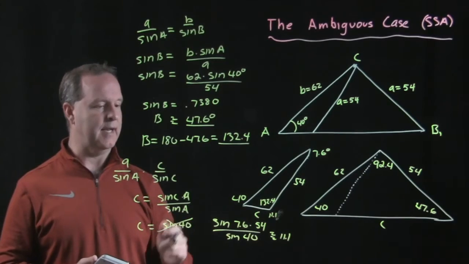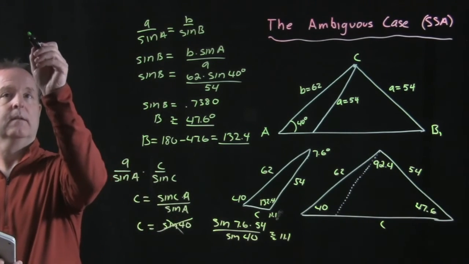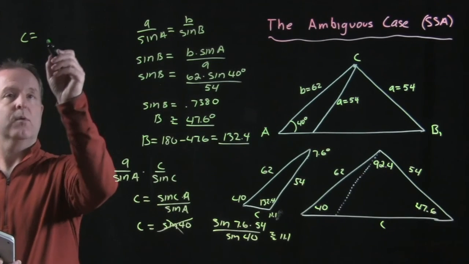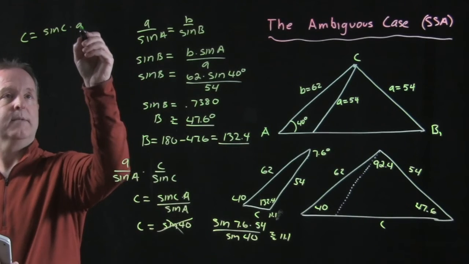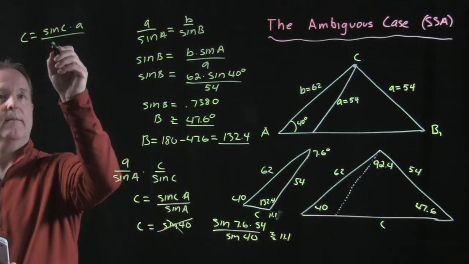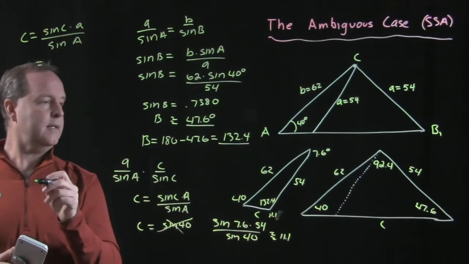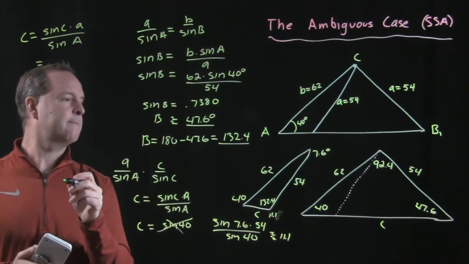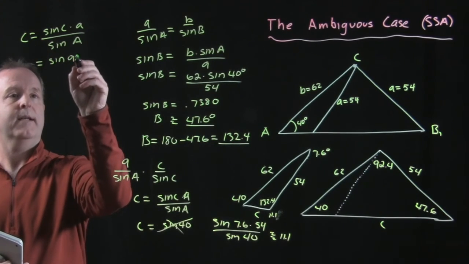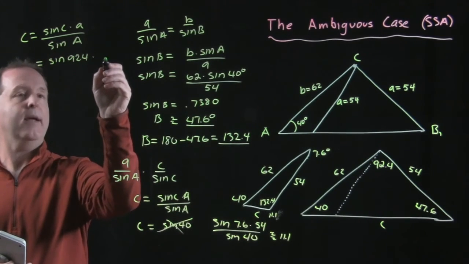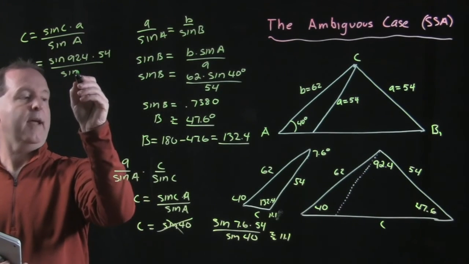And if I want to solve this other one, likewise, C equals the sine of C times A all over the sine of A. Sine of C is 92.4, so the sine of 92.4 times A, which is 54, divided by the sine of A, which is 40.